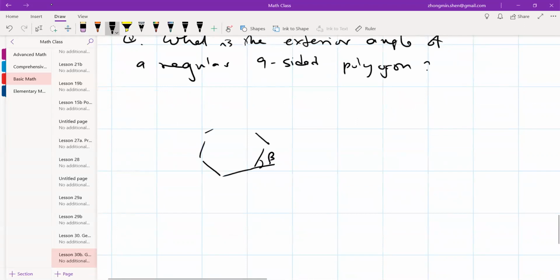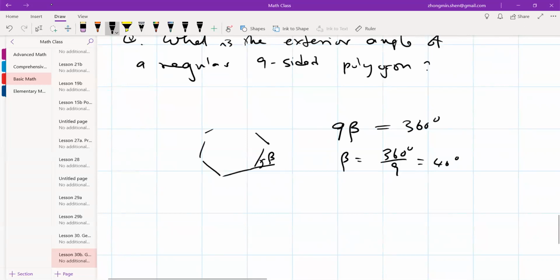What is better? I think the more edges, the smaller the beta is, because it's curved, right? So this is a beta. We know the sum of the exterior angles is 9 beta. They're all the same, and this is going to be 360 degrees. So beta is 360 degrees divided by 9, which is 40 degrees.